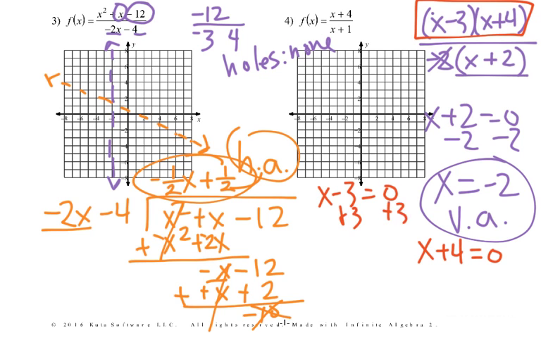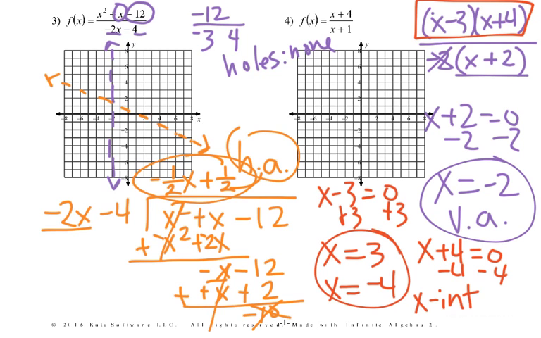So add 3, we have x equals 3, subtract 4, and x equals negative 4. So positive 3 right here, and negative 4. So I'm going to follow that, hit through my x-intercept, go up like that, then start down here, hit through my x-intercept, and go like that. And there's my graph.